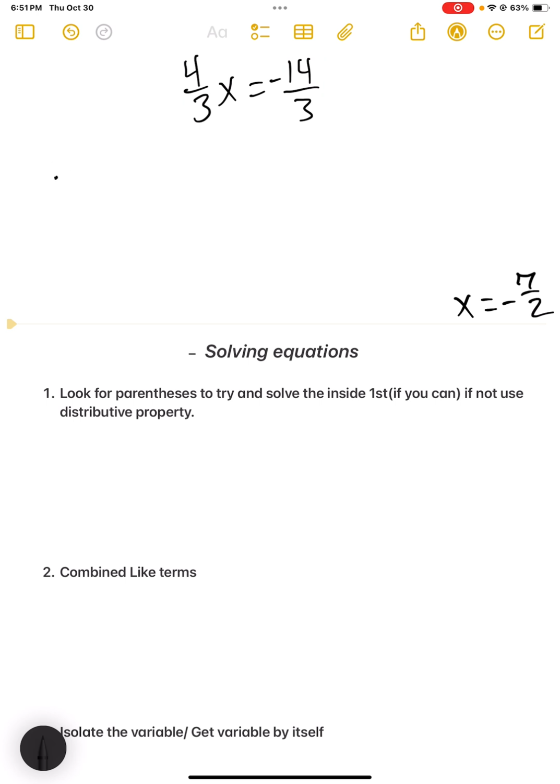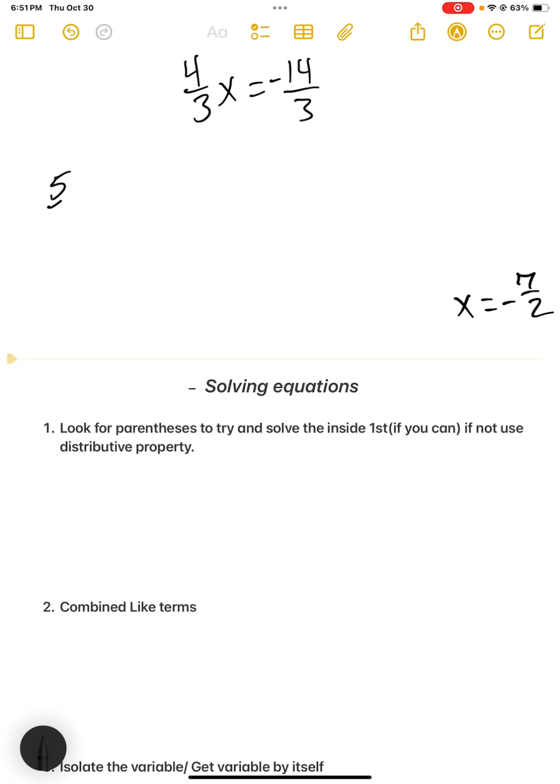So if I have 5 over 8, right? If I want to get just the numerator, or 5 by itself, if I multiply this fraction by 8, the whole number, right? So I know that that's 8 over 1. I know that 8 times 5 is 40, okay? 1 times 8 is 8.